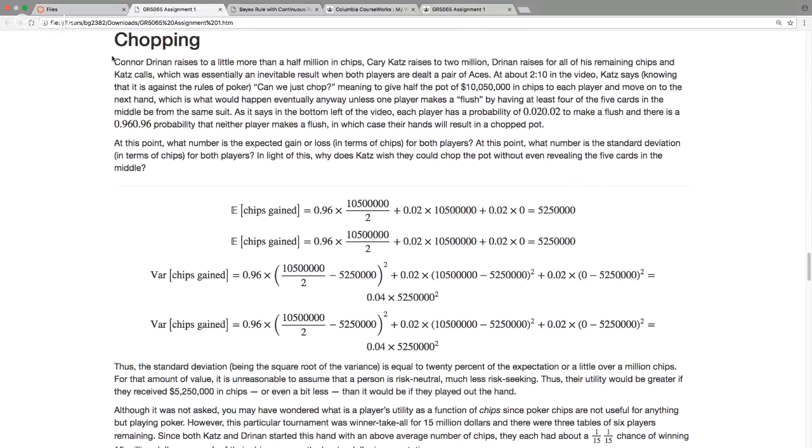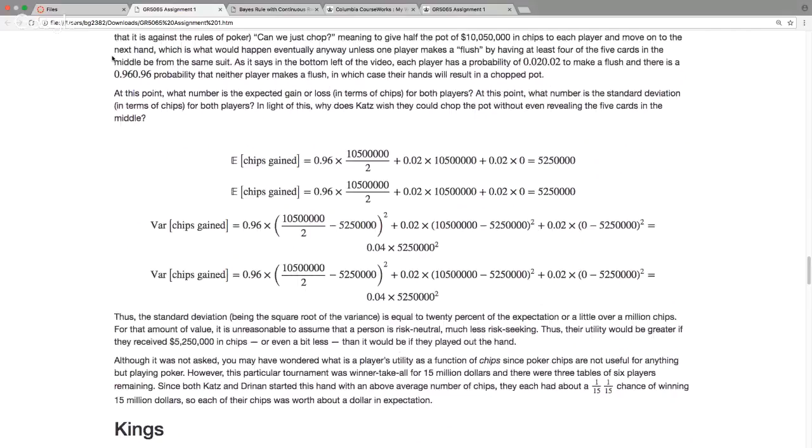And the reason he's saying something like that is, it's one thing to bet like $10, in which case it's reasonable to say that people would be risk neutral about something like that. But when you're talking about millions, then it's unreasonable to assume the person is risk neutral or risk seeking.